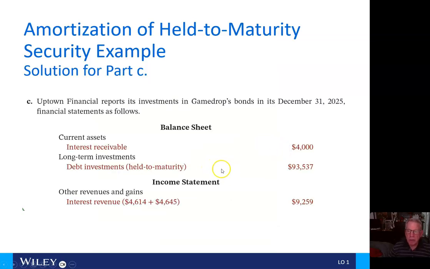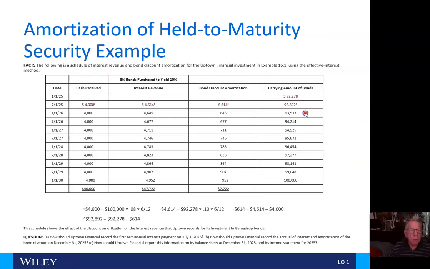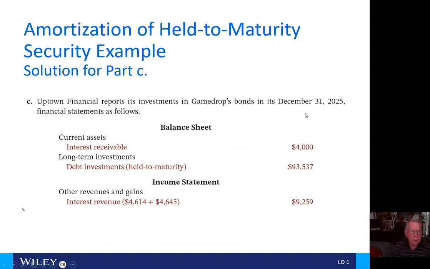And our long-term investments held to maturity of $93,537. As you will see, that's what the carrying amount would be at the end of 2025. And then on the income statement, we're going to record the two revenues that we received for the semi-annual interest payments here for $9,259. Okay.